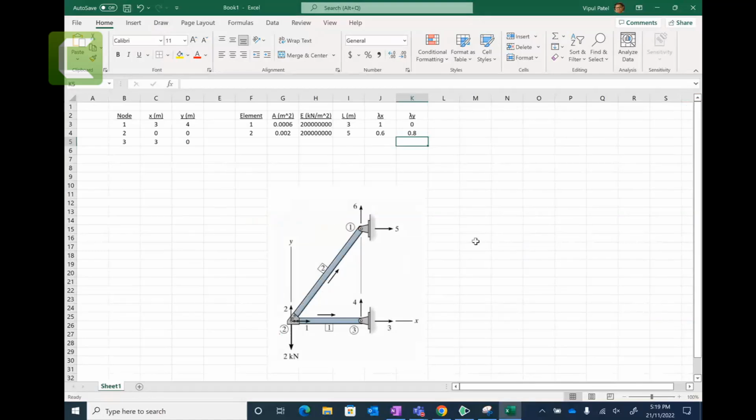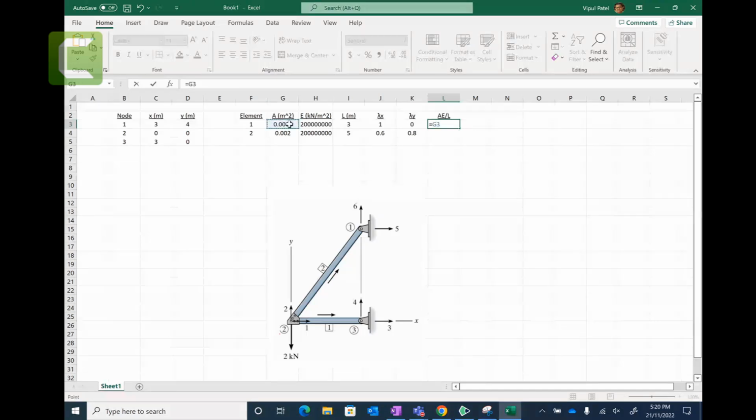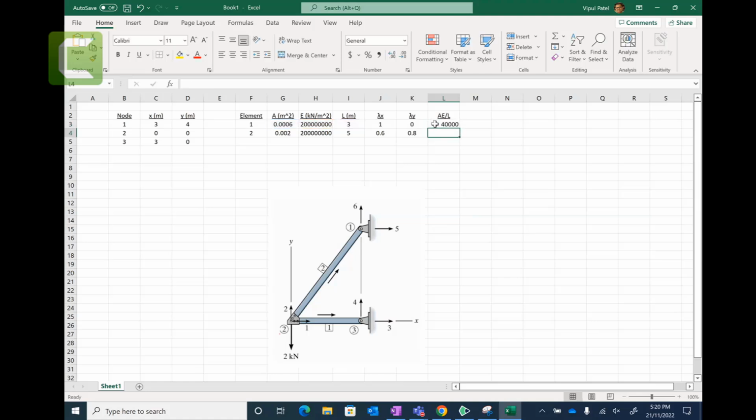Now, if you want, you can just find out AE over L. So area times Young's modulus divided by length, making sure all units are the same: meter square, kilonewton meter square, meters, not any other ones, and you can just scroll it down like this.